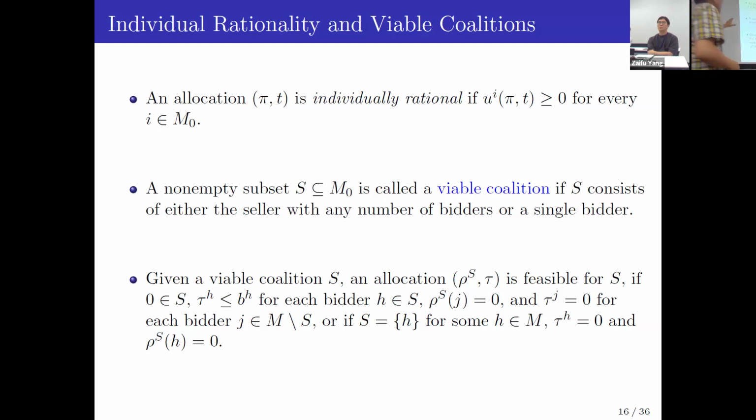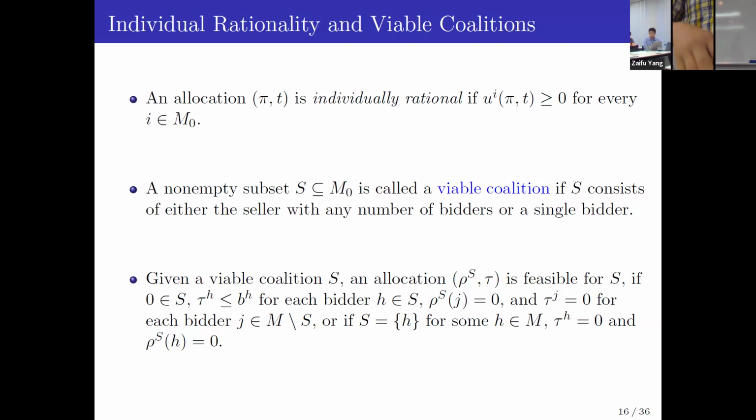Okay, because we consider the concept of the core, we have to think about what the right coalitions should be. So here I consider a nonempty subset of agents, including the seller and the bidders. What we call a valid coalition: the coalition consists of either the seller with any number of bidders, or a single bidder.